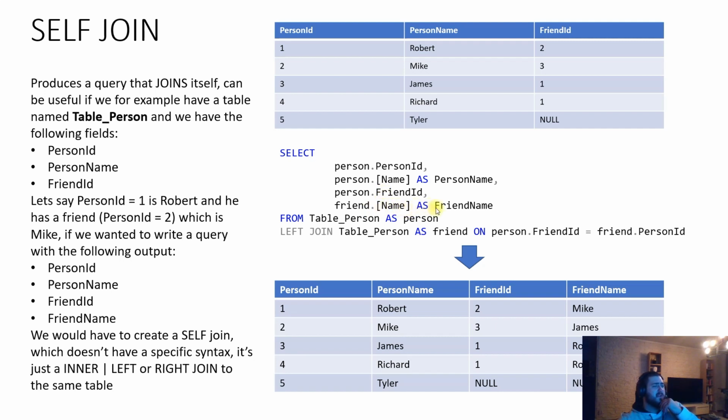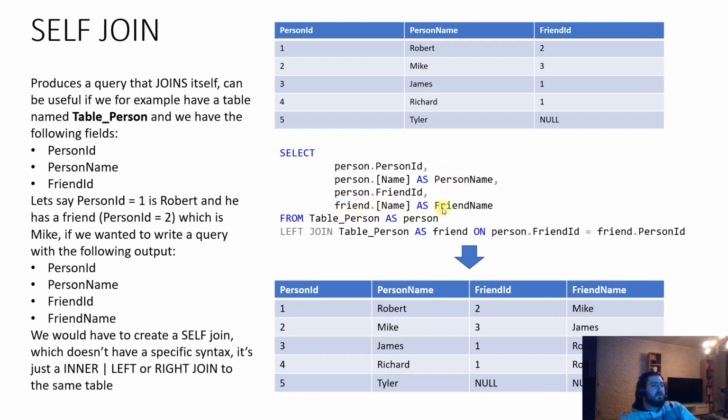So here I would like to have an alias, because otherwise it would just say name, and we wouldn't know which one is which.